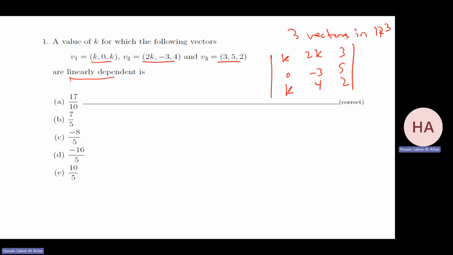Maybe we can multiply the first row by minus 1 and add it to the third row to make it 0. So I have K, 2K, 3. That will be 0. Minus 2K, that will be minus 3 minus K. 3 minus 3, that will be 2.